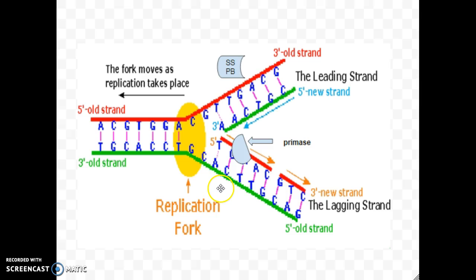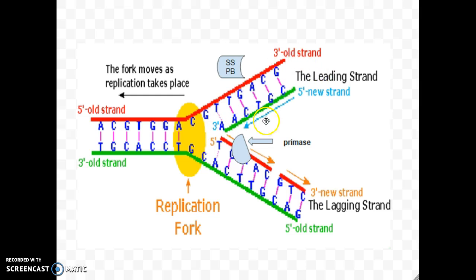DNA polymerase is then able to add DNA nucleotides to the RNA primer, and thus begin the process of constructing a new complementary strand of the DNA molecule.